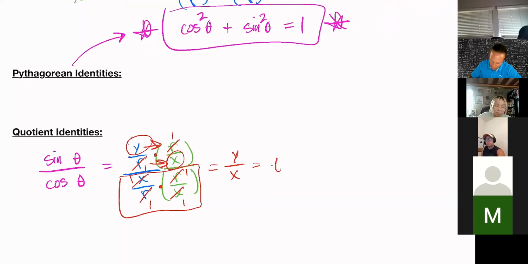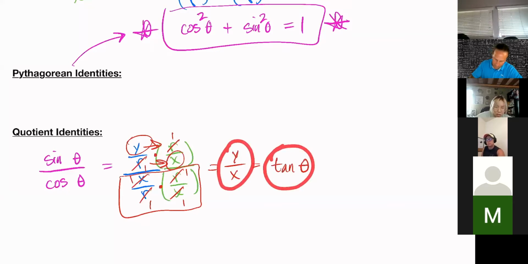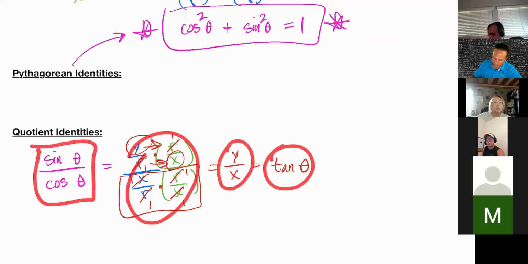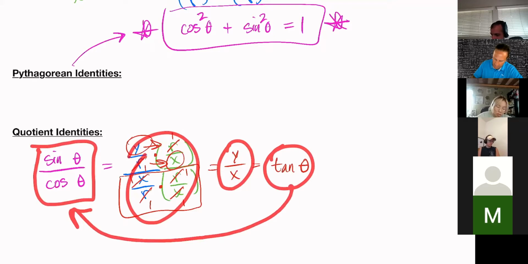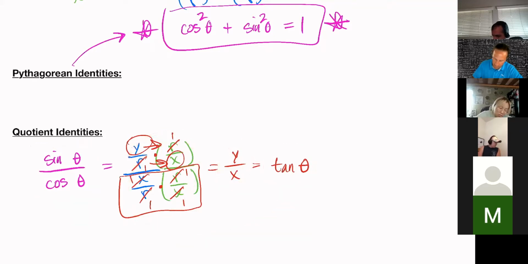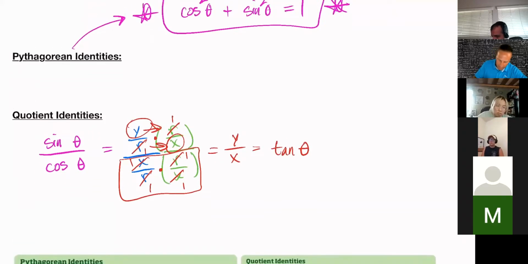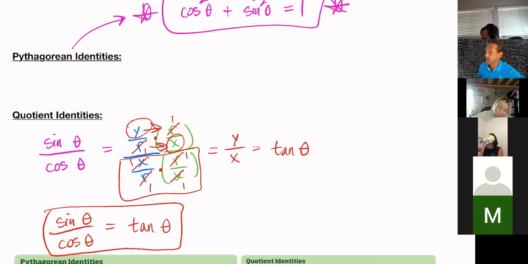Tangent. So we just found out that this is equal to this, which is equal to this, which is equal to that. So we are going to say that anytime we have sine theta over cosine theta, we can rewrite that as tangent theta.